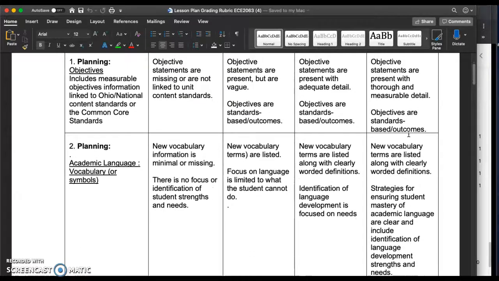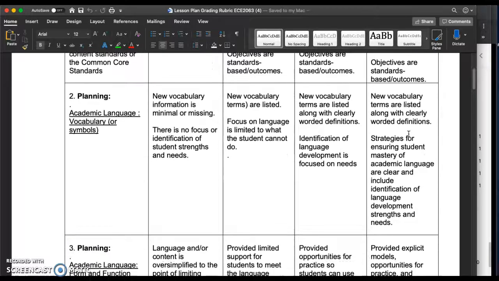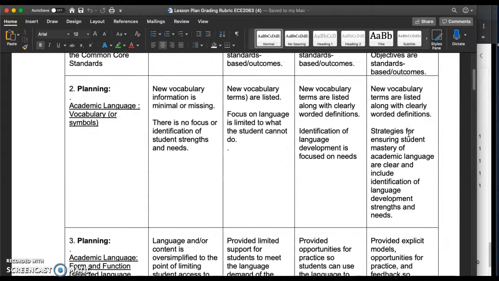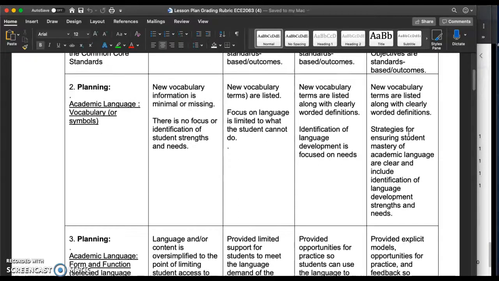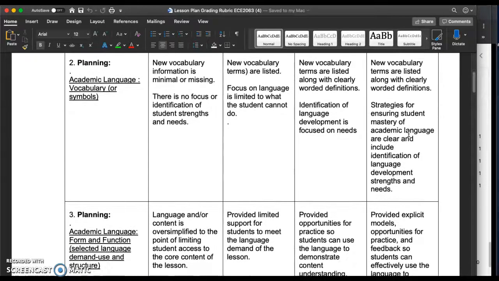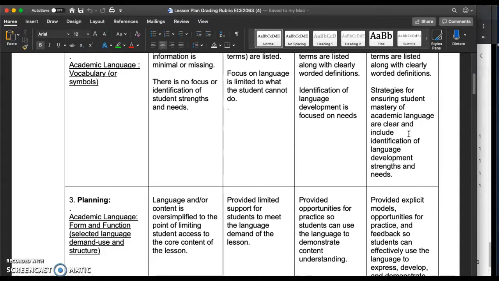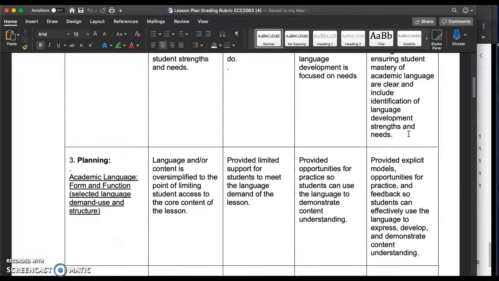You have your academic vocabulary listed and defined. You also have included strategies for ensuring student mastery of the academic language. Make sure that this is clear and include identification of language development strengths and needs.